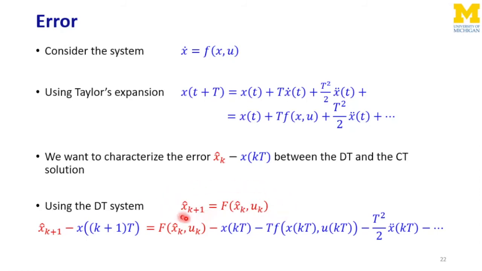We just calculate x hat k plus 1 minus the state at the next instant, and it is given by this expression. So for both of the discretization schemes, we are going to look at what ends up on the right-hand side, and that will tell us how the errors propagate in these two methods.